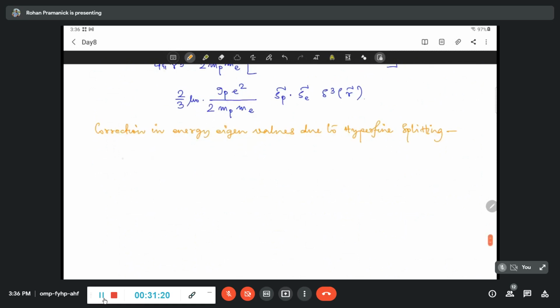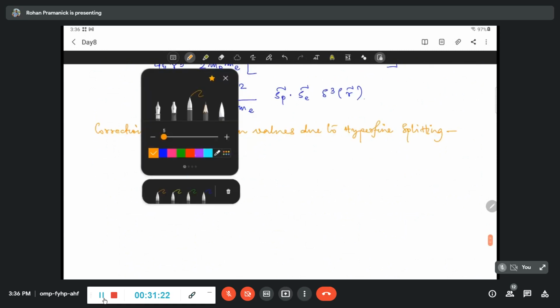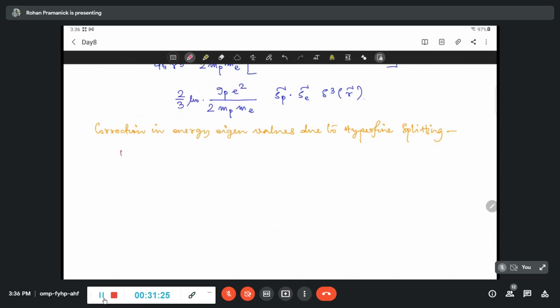So we will use the same formula. The formula I am writing over here is E_n^1. We can write it as E_HF, but it is calculated in terms of the nth state, so that we will keep in mind.